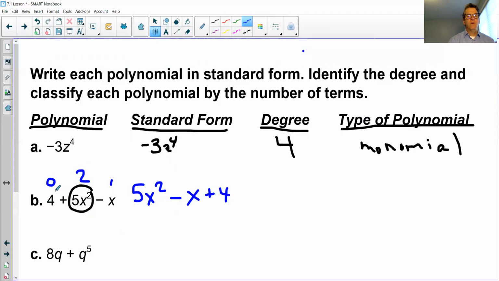We figured all these out in blue here. 4 is a degree of 0, 5x squared is a degree of 2, and x has a degree of 1. So what would be the highest degree? The degree would be 2. And lastly, the type of polynomial: it has 3 terms, so this is called a trinomial.